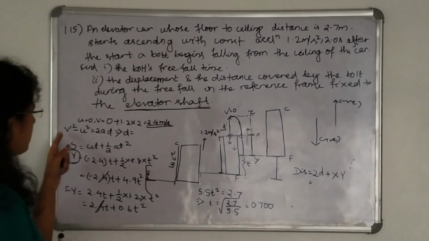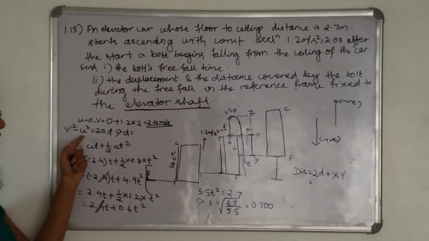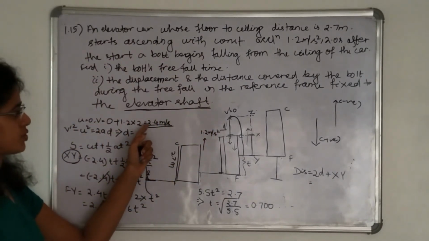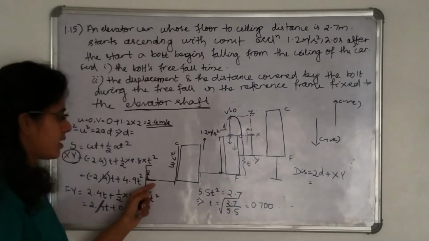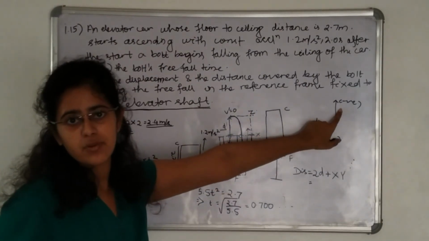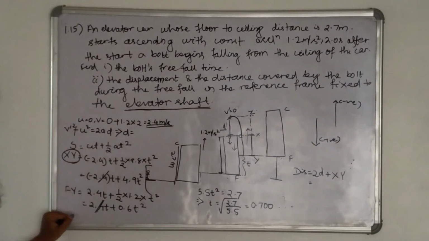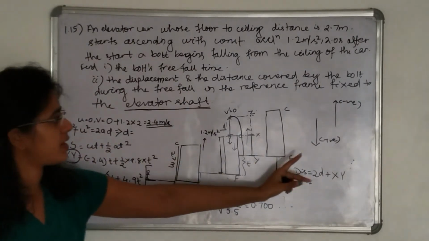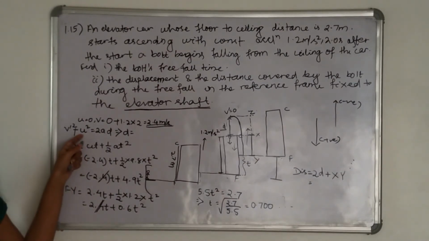Okay, so v dash is 0. So 0 square minus u square. U is 2.4 meter per second. We have assumed that for the yard frame, this direction is negative. So minus u square, minus into minus is equal to plus.